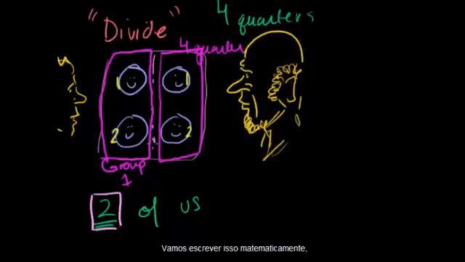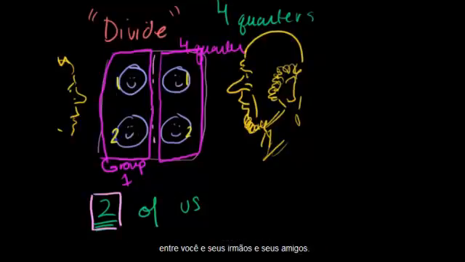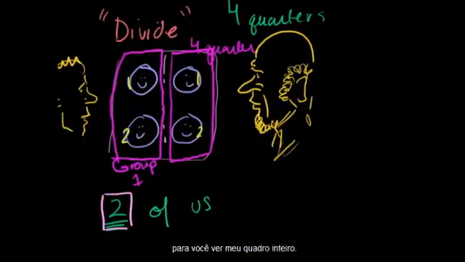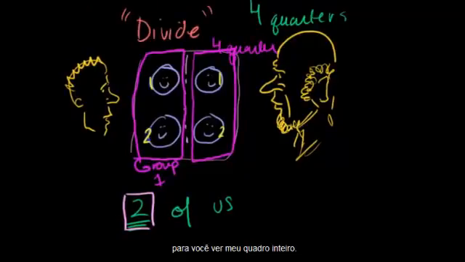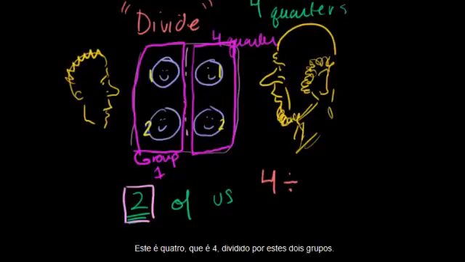So to write this out mathematically, I think this is something that you've done probably as long as you've been splitting money between you and your siblings and your buddies. Actually, let me scroll over a little bit so you can see my entire picture. So how do we write this mathematically? We can write that 4 divided by the 2 groups, group 1 and group 2.